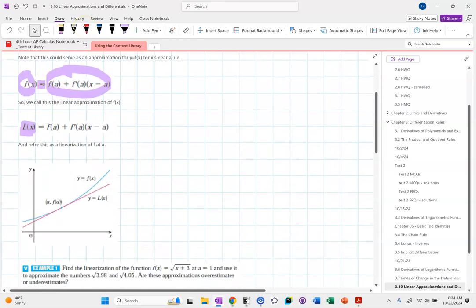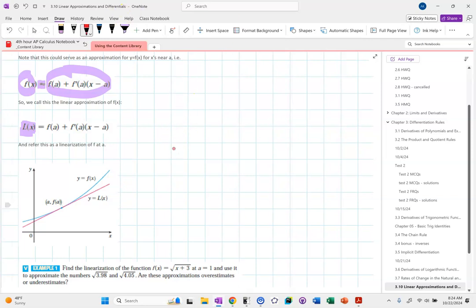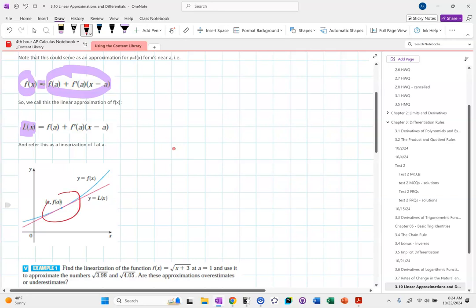So looking at a picture here, the blue line is our curve f of x. The pink line is our linear approximation L of x. And as long as we're looking near a, L of x gives us a good approximation of f of x.